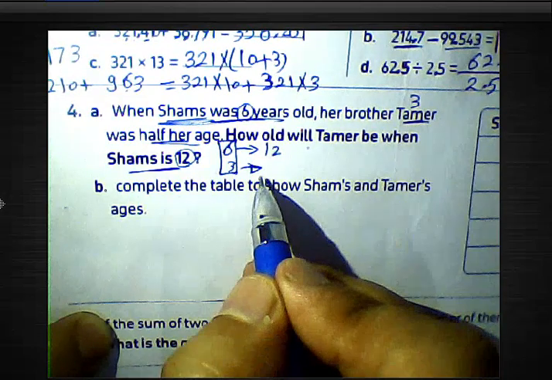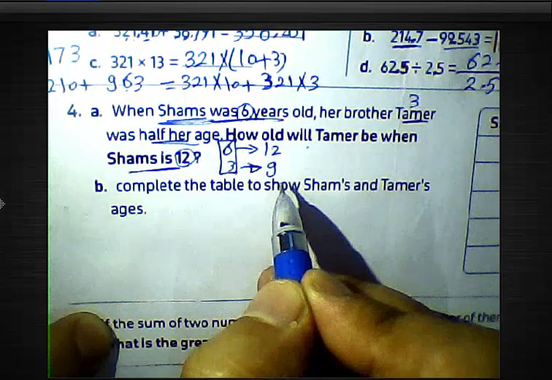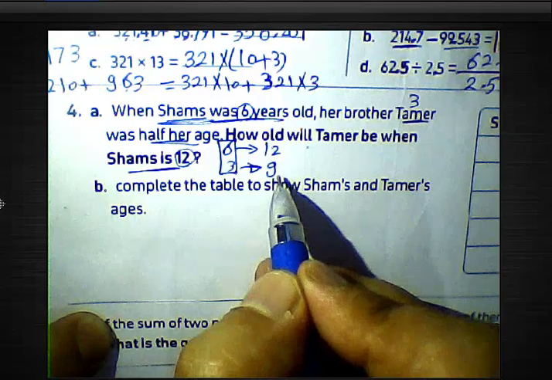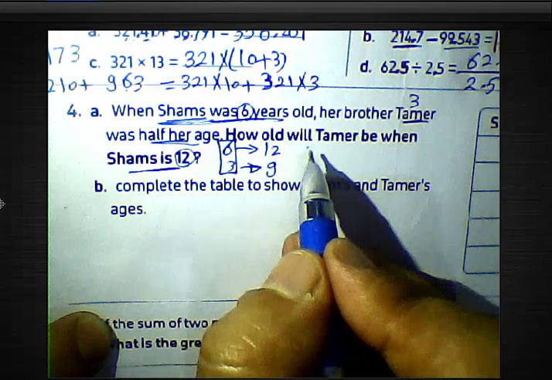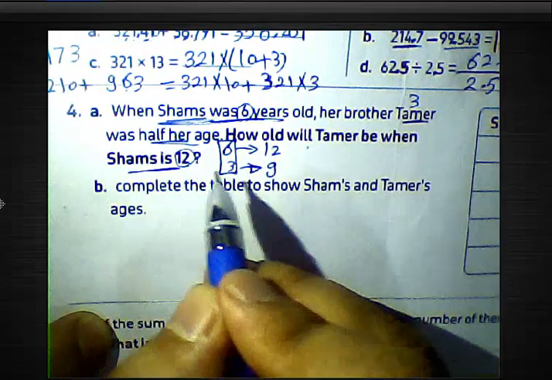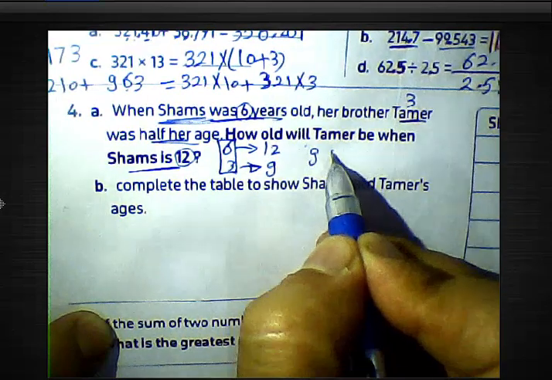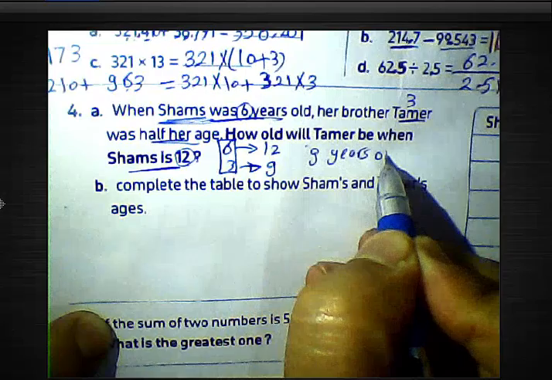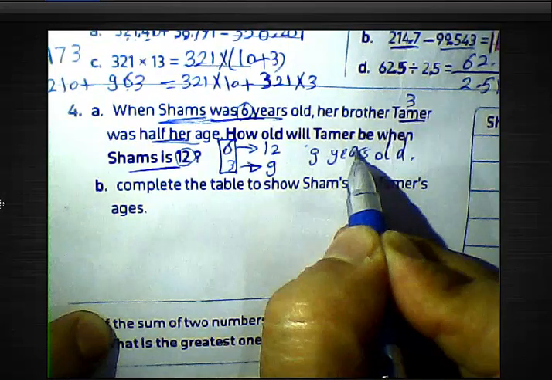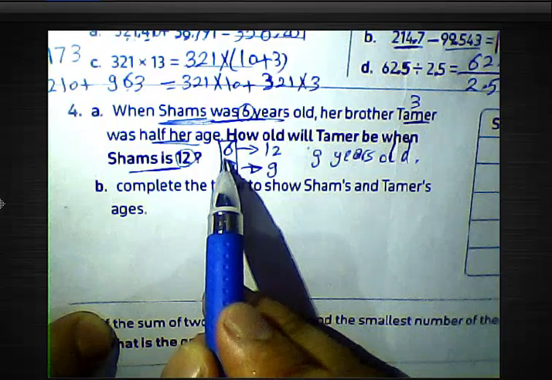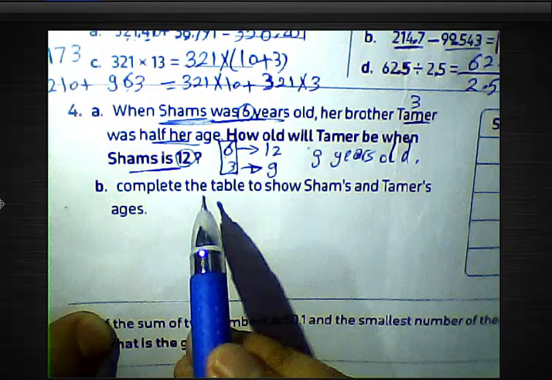After 6 years, he will be 9 years old. How old will Tamer be when Shams is 12 years old? It will be 9 years old. Again, we add 6 years to 6 to be 12.